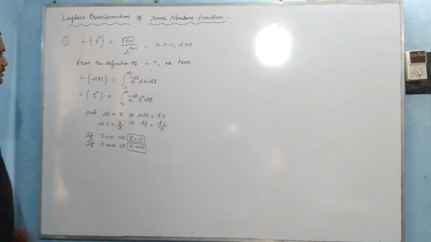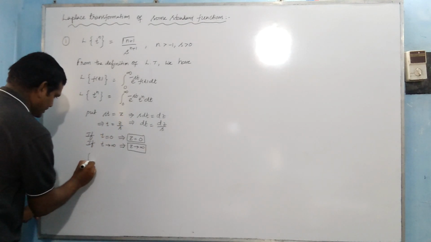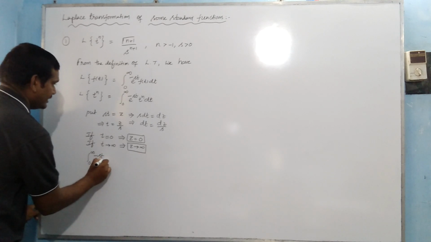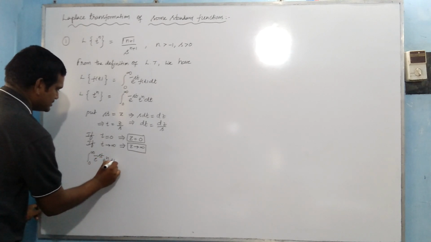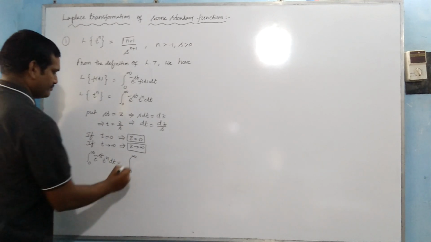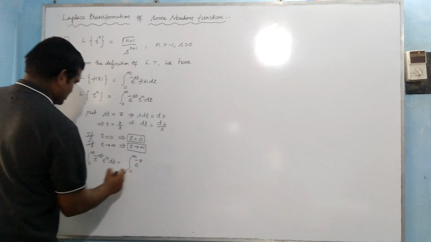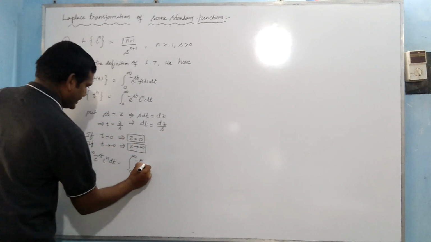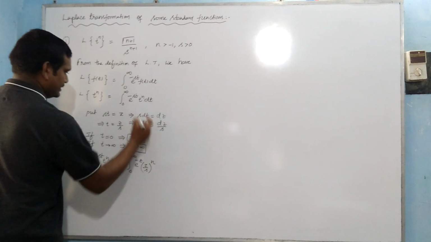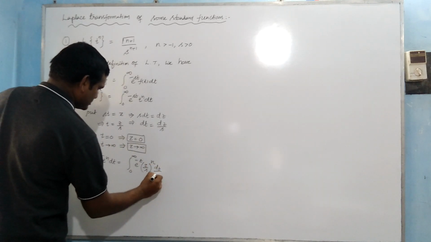Now the above integral, integral 0 to infinity e power minus st t power n dt, becomes integral 0 to infinity e power minus z, t means z by s whole to the power of n, dt means dz by s.